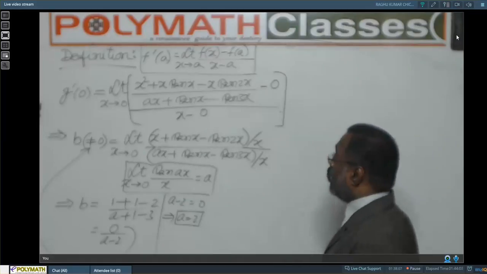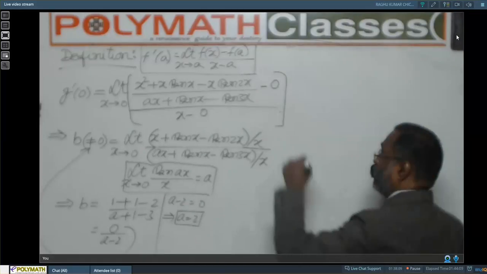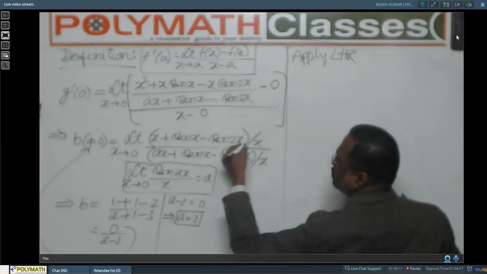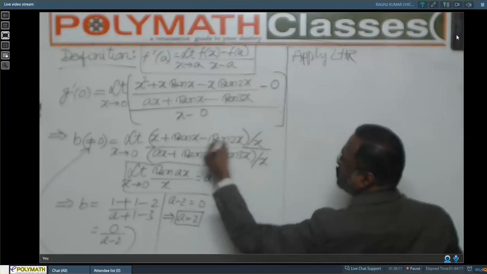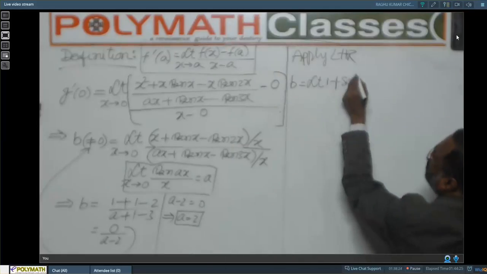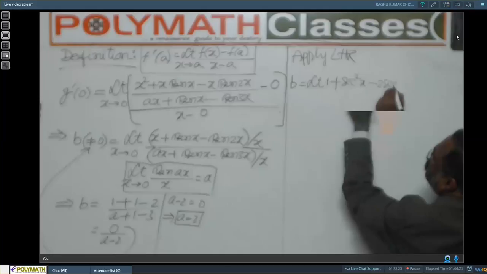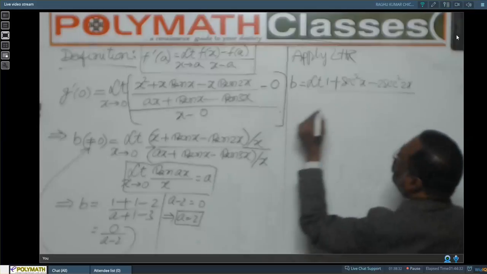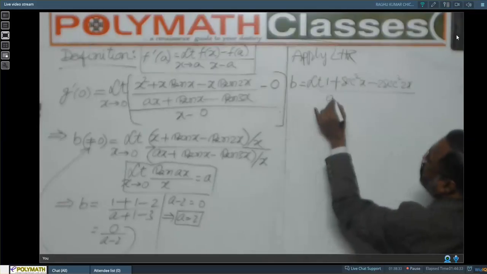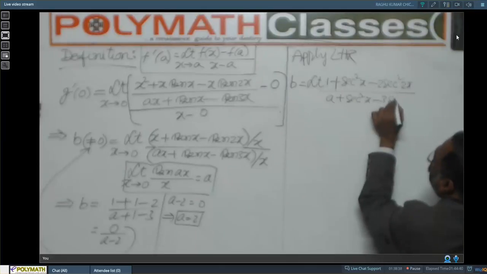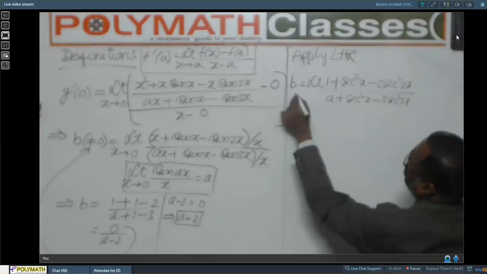Now, let me apply L'Hospital's rule here. b is equal to the limit of the derivative of x, which is 1, plus the derivative of tan x, secant square x, minus the derivative of tan 2x, which is 2 secant square 2x, whole divided by the derivative of ax, which is a, plus secant square x, minus 3 secant square 3x as x tends to 0.